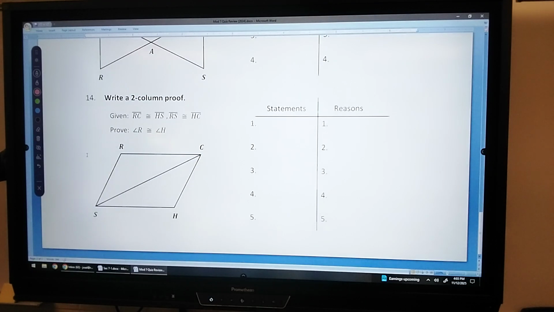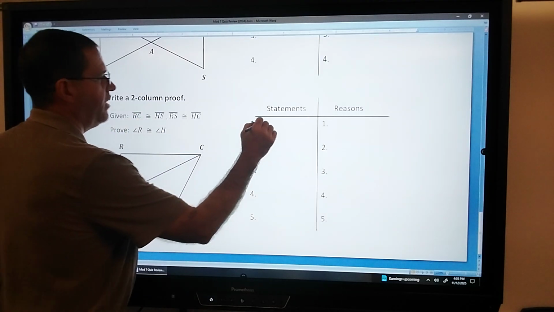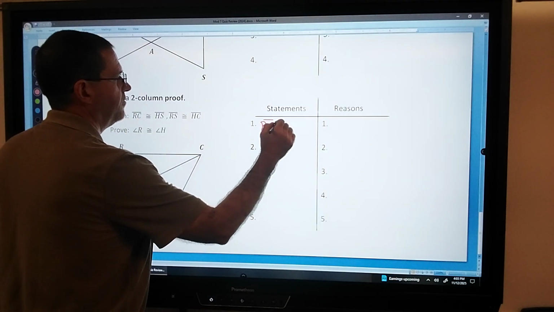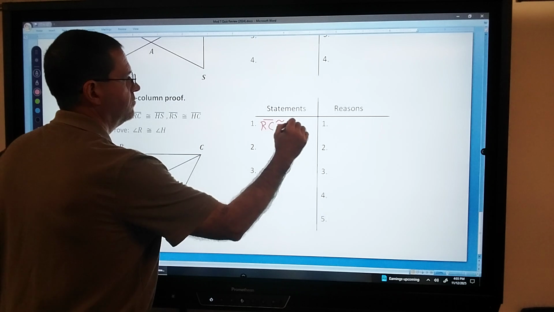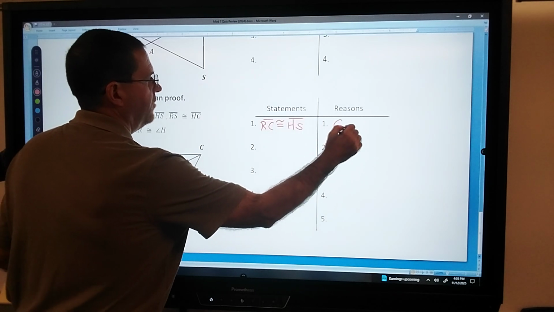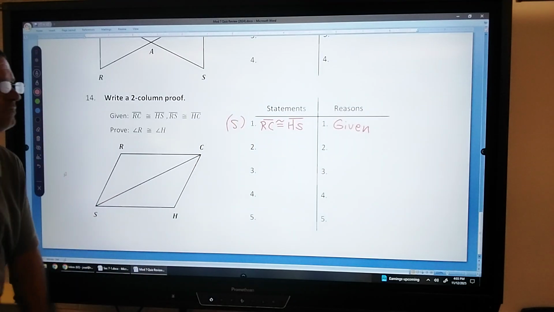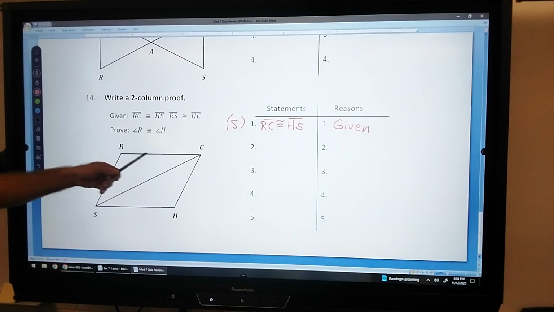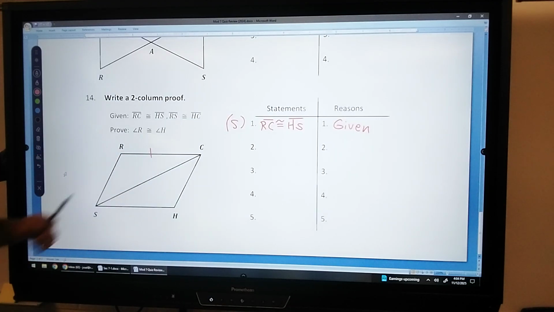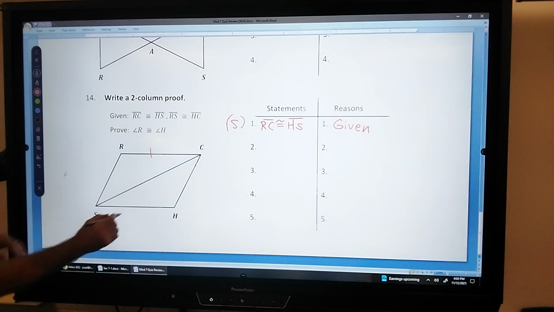Okay, and the last one. So here we go. RC congruent to HS. That is given information. It is also a side. So I go to my diagram, I find R to C and put 1 slash. I find H to S, put 1 slash.